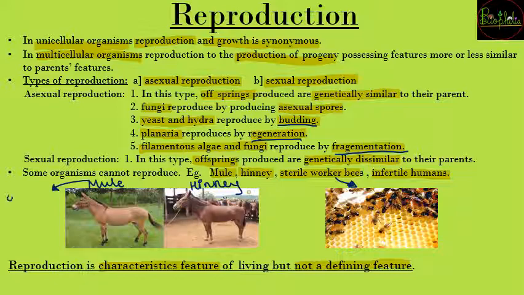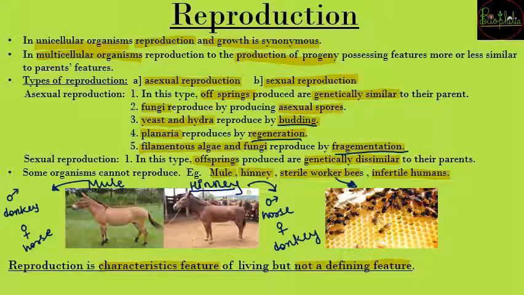That is, the male part comes from the donkey and the female comes from the horse. तो अगर male donkey और female horse का fertilization हो जाए, then the mule is formed, whereas the hinny is the opposite cross. That is, if the male is a horse and the female is a donkey, then the resultant offspring is called a hinny.